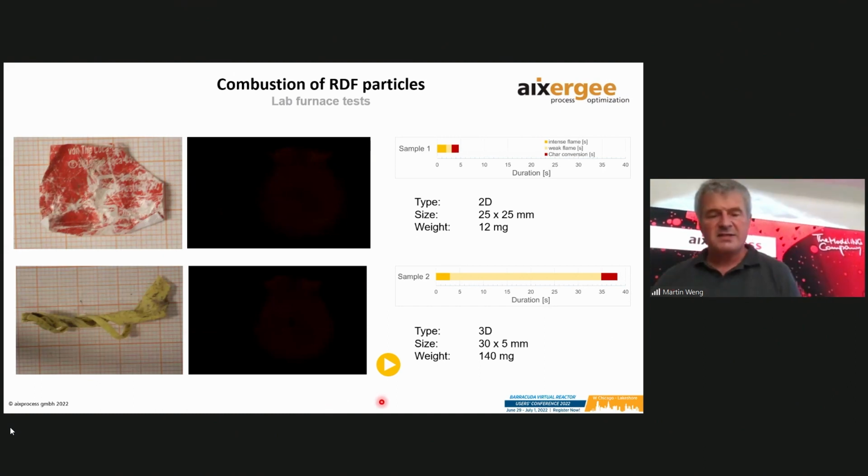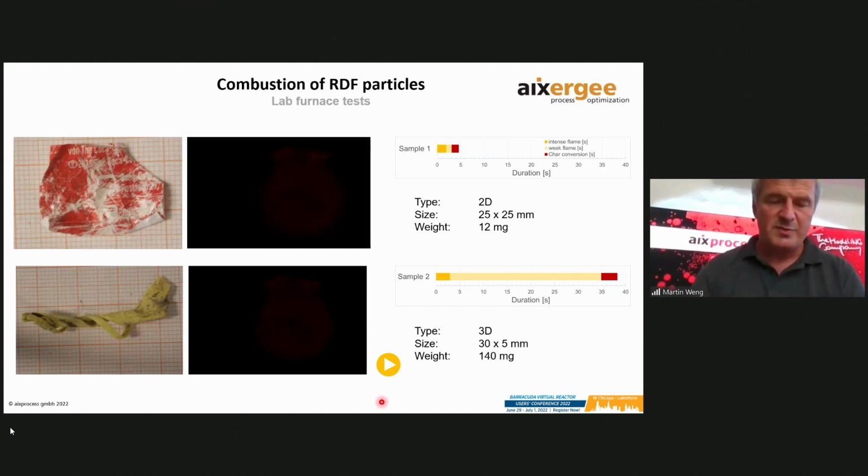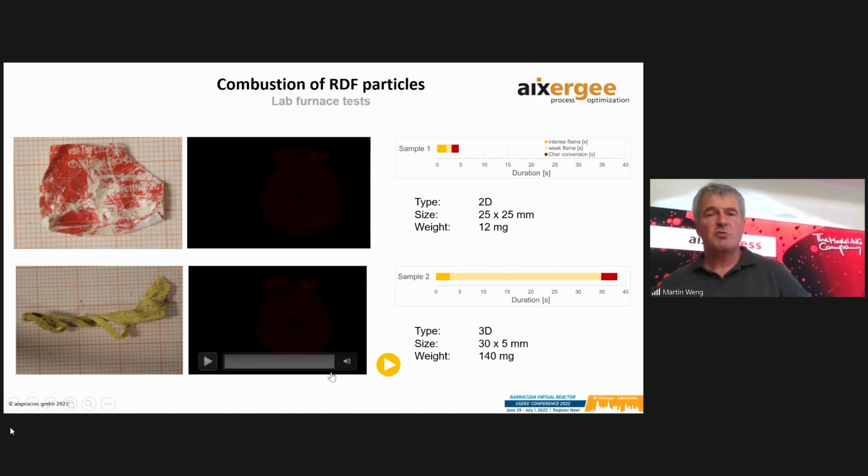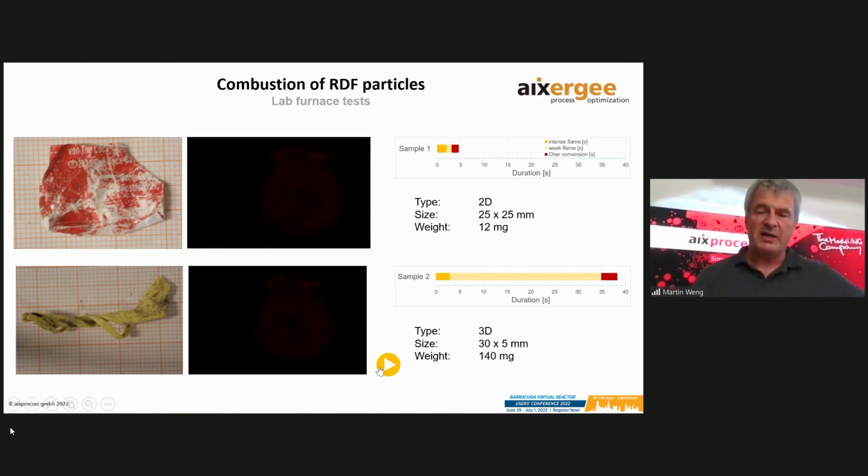So the second thing we did in terms of a smart simulation, if we may call it so, is that we did some combustion of these RDF particles. Because when we model it, of course, we need some kinetics for that. And since this is a broad variety of different materials and particles, that's difficult to get.